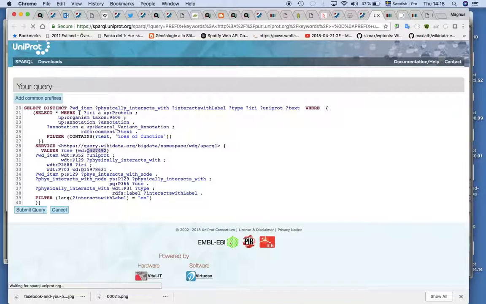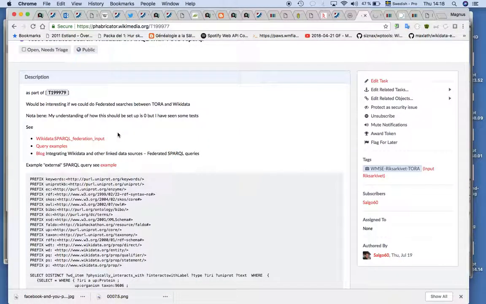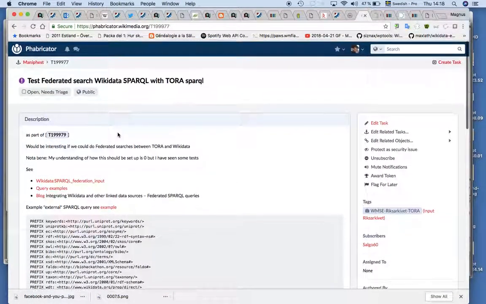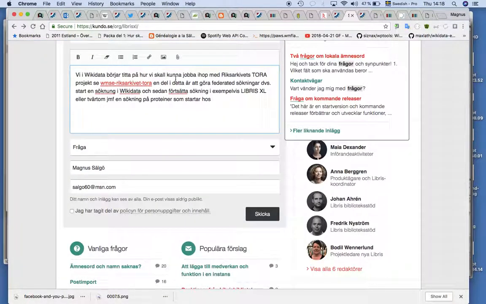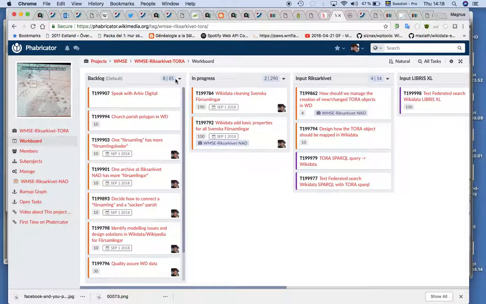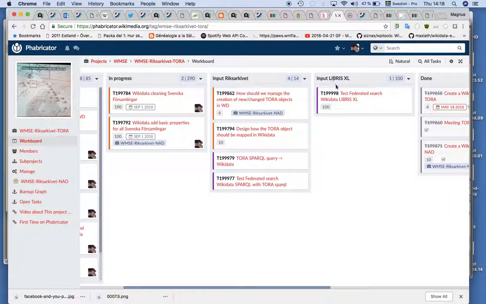So what we are trying to do now is that we are trying to set up tasks for this in this fabricator. So looking into how to have SPARQL queries, federated query with Tora, which is the Swedish National Archives, and also do the same for Libris XL.